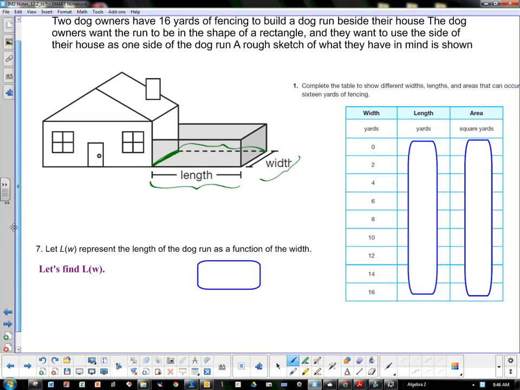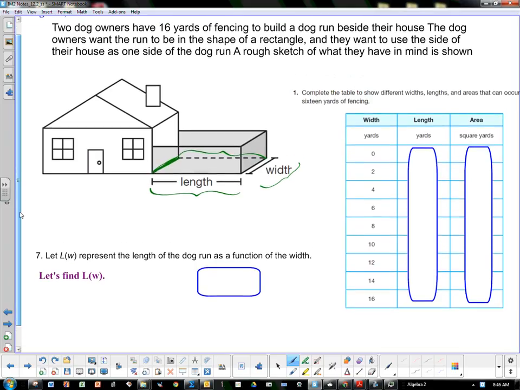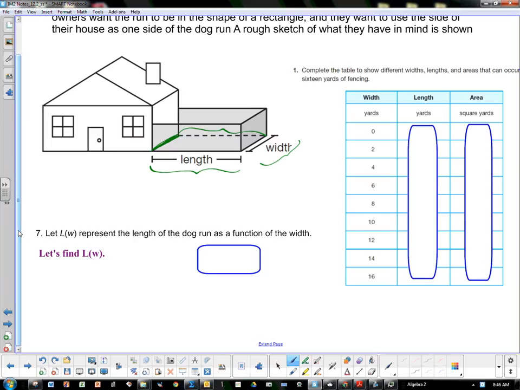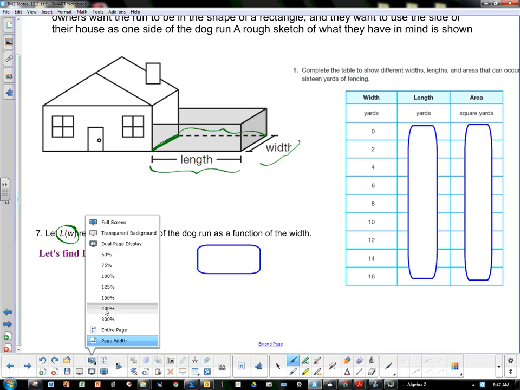So somehow we want to first, in your book right now, on page 866, they are asking us to write a function L of W. Let me zoom in so you can see this, even in the video.